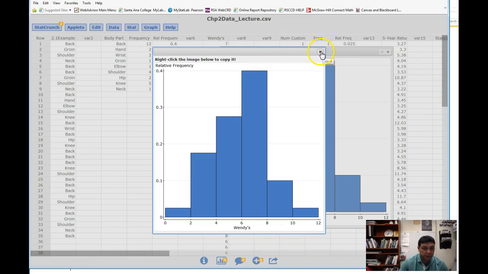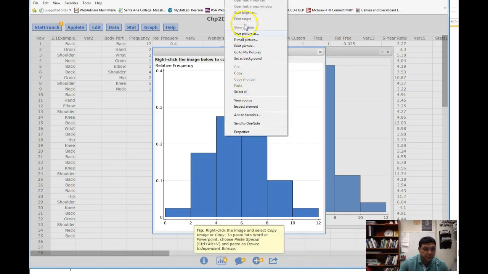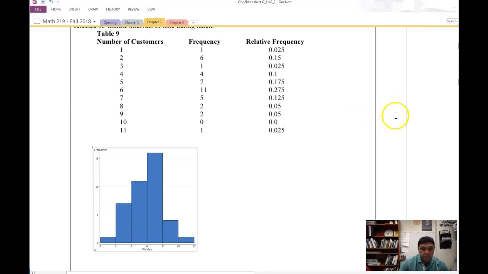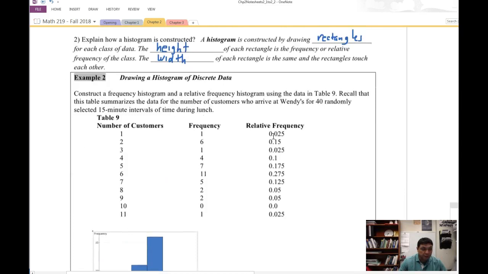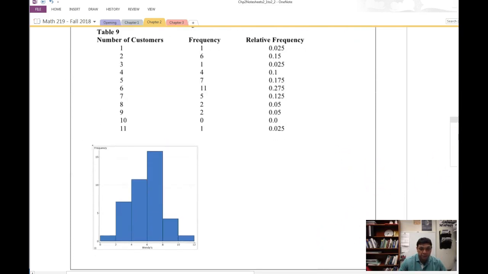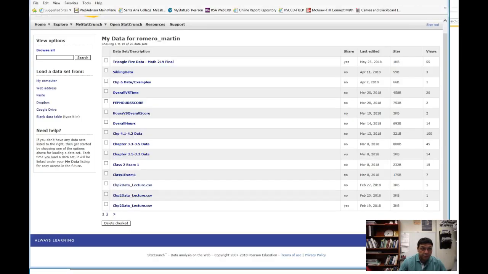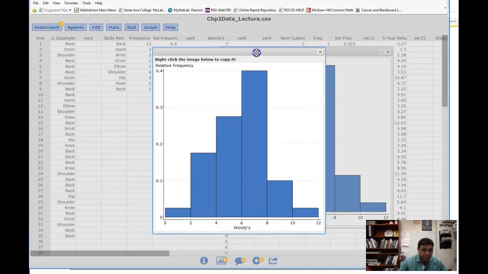Let's see if I can copy that in there so we could compare it. We could compare it to the one here. The key is that they look identical. Take a look at that one compared to the relative frequency we have here.